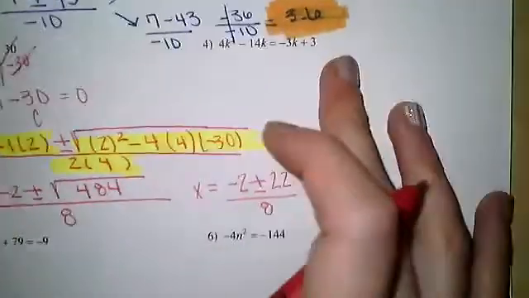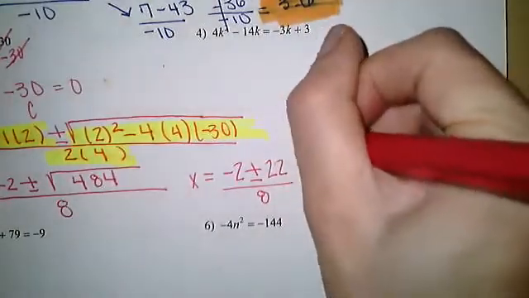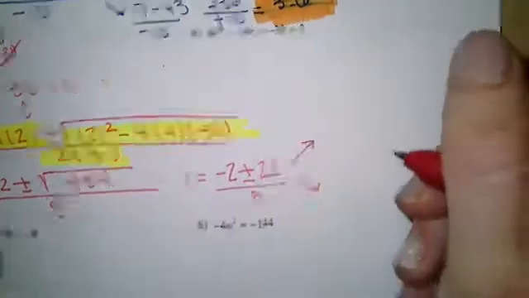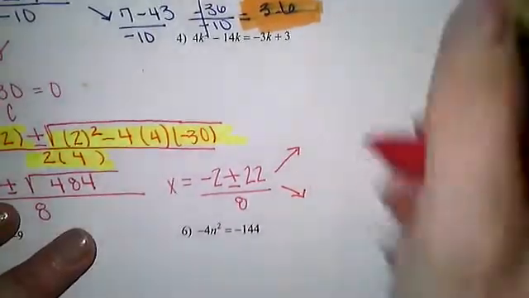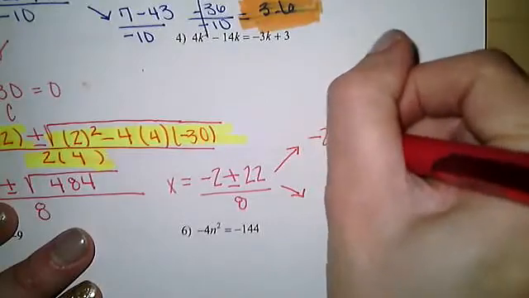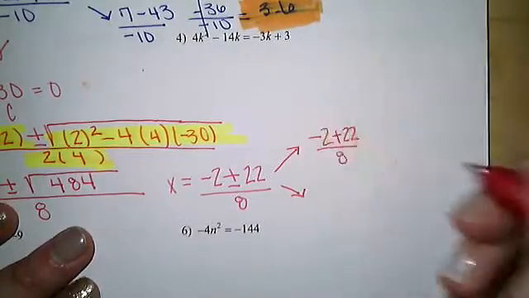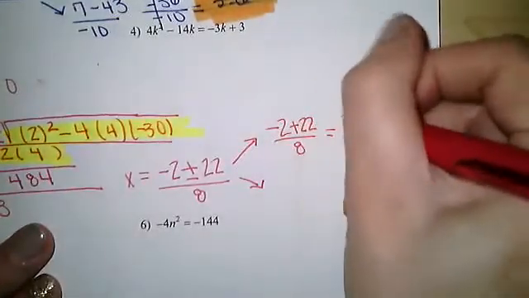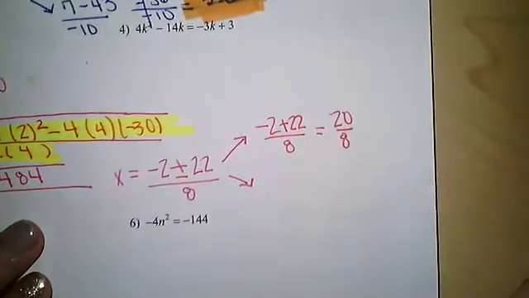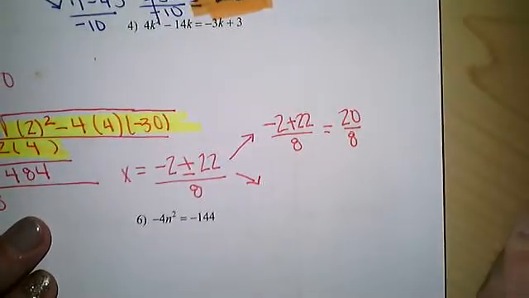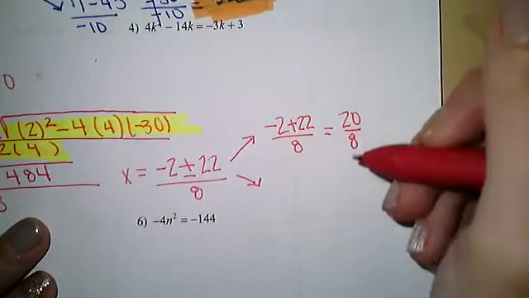And I'm going to work into number 4 just because I write really big. If you want to use a separate sheet of paper, you can. So the first one is -2 plus 22. We'll then divide that by 8, which is 20 over 8. You could reduce it or you could divide.